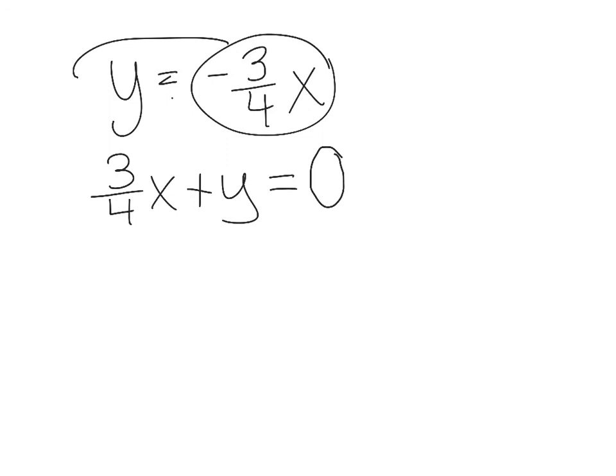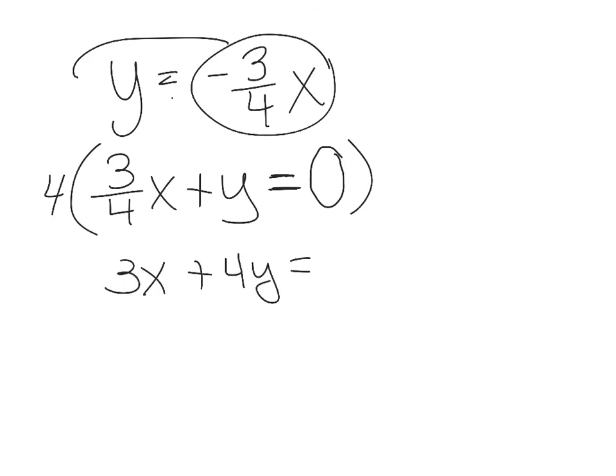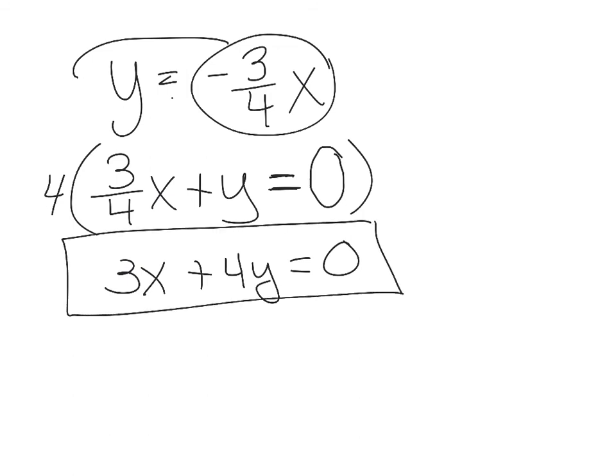If you're left with nothing on one side, always put a 0 to make your equal sign, because that makes the statement true. X and y would have to be numbers that would make this 0. That's the whole point of the equation. Now I'll get rid of my fraction by multiplying by the denominator. So 3x plus 4y, 4 times 0 is 0. I don't have any fractions, my x is positive, so we're good. Standard form.